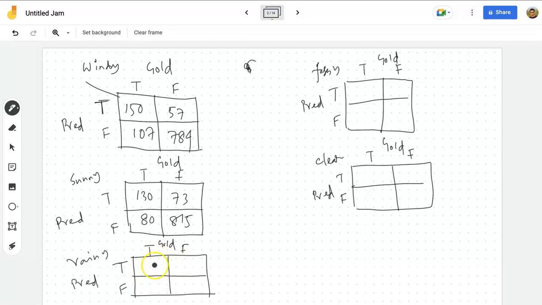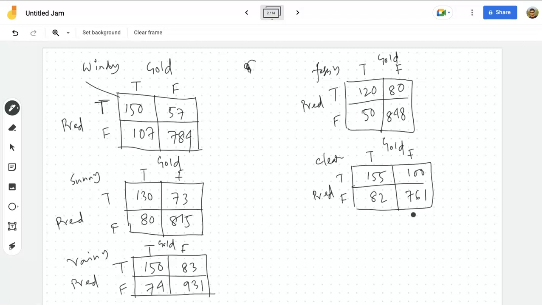I already know them, so I'm just putting the values here. You can check, it will be 150, 83, 74, 931, and for foggy it will be 120, 80, 50, 480. For clear it will be 155, 100, 82, 76.